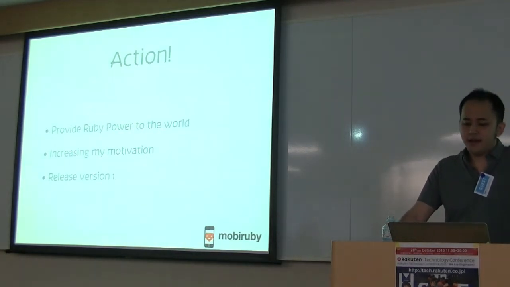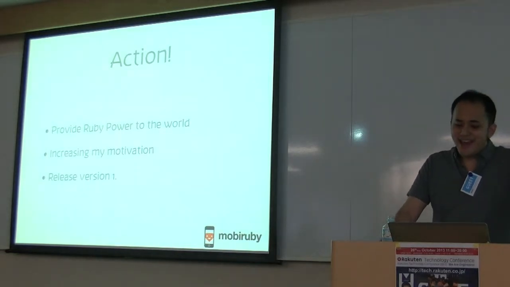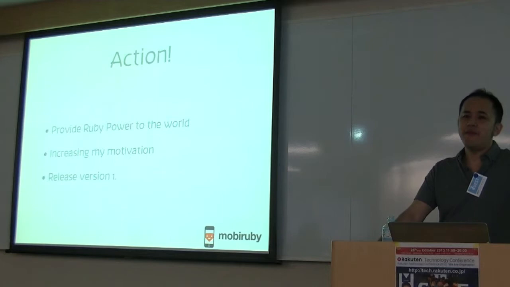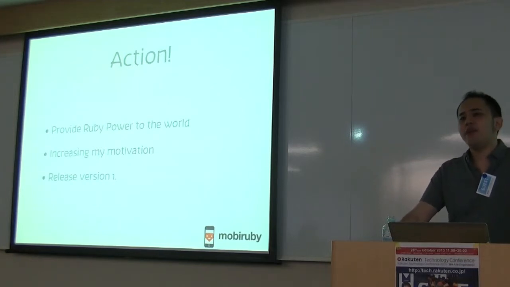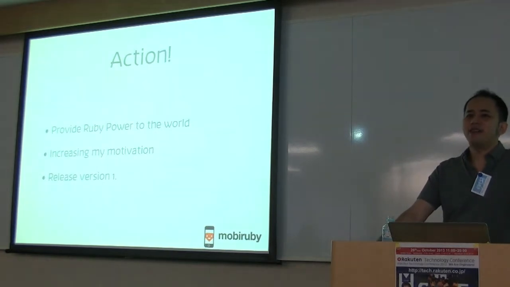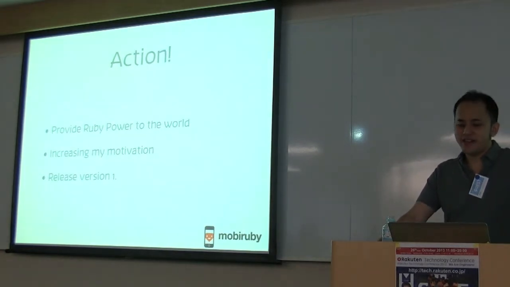But currently, the biggest bottleneck is my motivation. In 2012, I worked hard on Ruby and MobiRuby, maybe 2 or 3 or 4 hours per day and 8 or 12 hours on weekends, for 1 or 1.5 years. I'm a little tired.